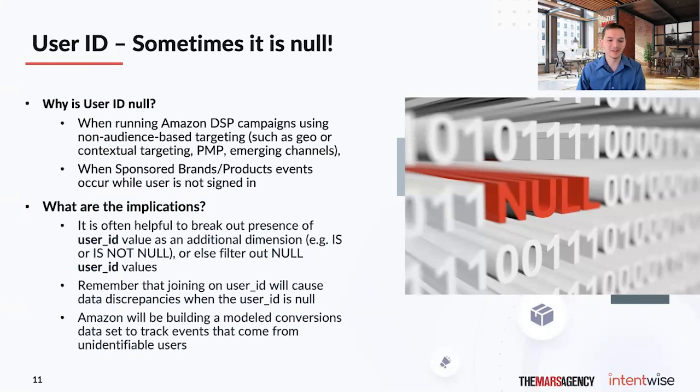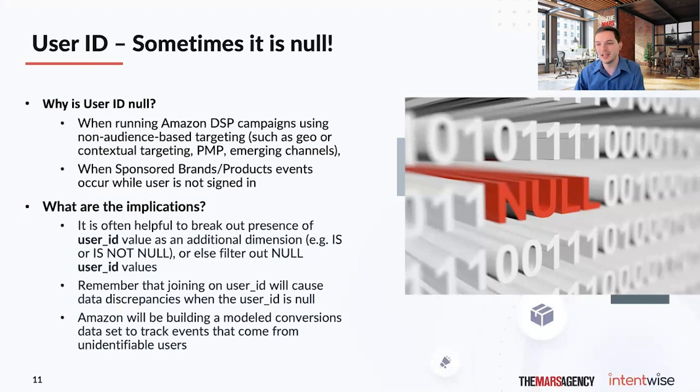What does this mean in practice? It's very important when thinking about writing AMC queries broadly to ensure that you're addressing the use case where you don't have a user ID. So typically that's filtering in your queries to say where user ID is or is not null, so that you have values where that's true.